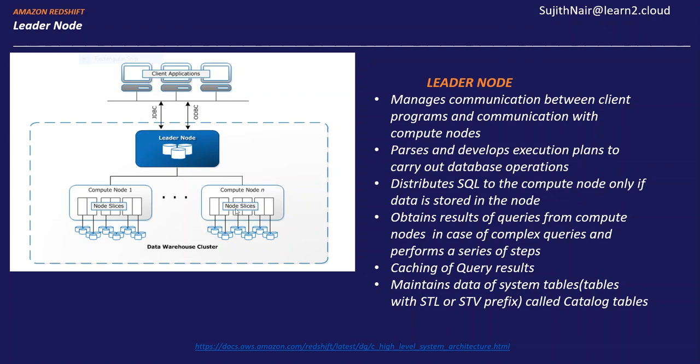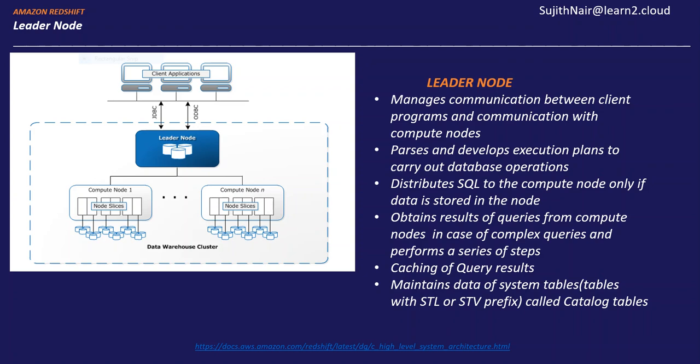So the statement says that it distributes to the compute node only if data is stored in the node. The question is, why does it say that? In order to understand that, we need to understand how data is distributed between the compute nodes. Let us say that you create a table, let us say employees. When you create a table employees and insert data into it, the data of the employees table could be on compute node 1, could be on compute node 2, or it could be on both the nodes.